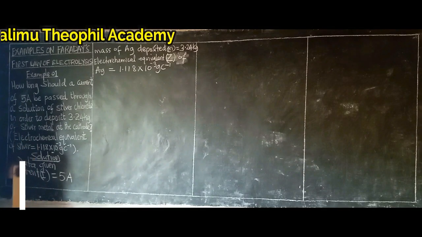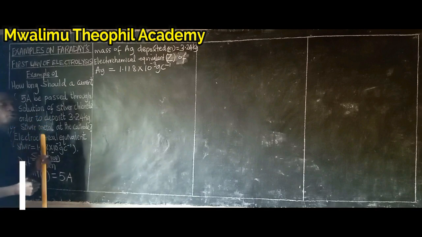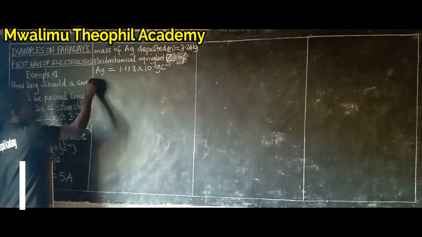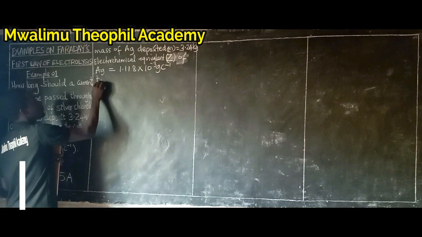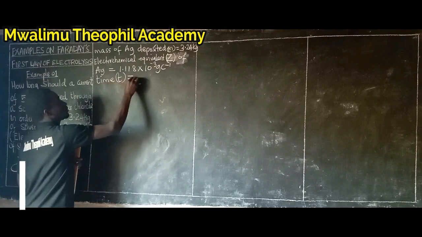And what is asked here? We are asked to find the time, as the question asks, how long should the current of 5 ampere be passed through a solution of silver chloride in order to deposit 3.24 kilogram of silver metal at the cathode. Time T we are not given.